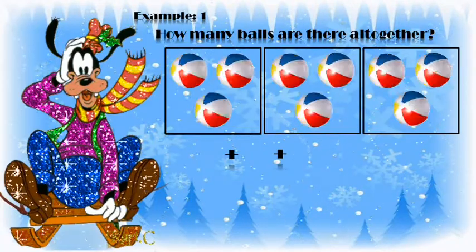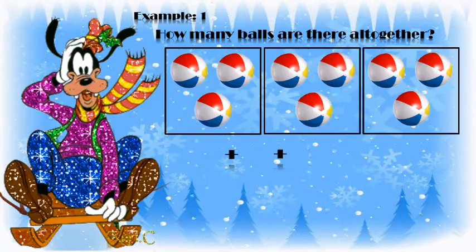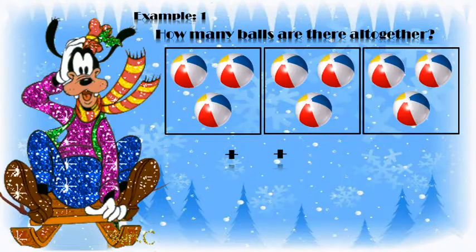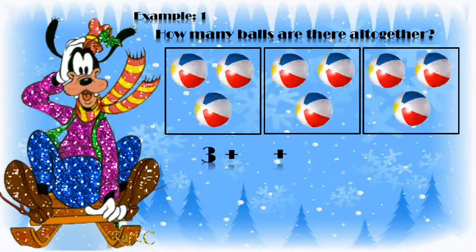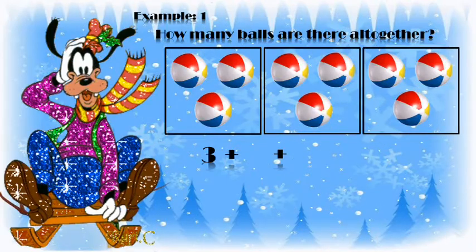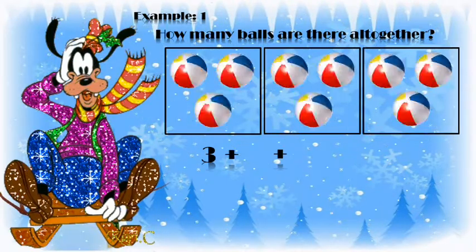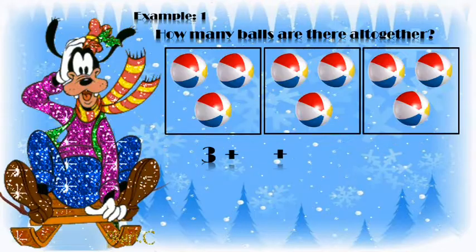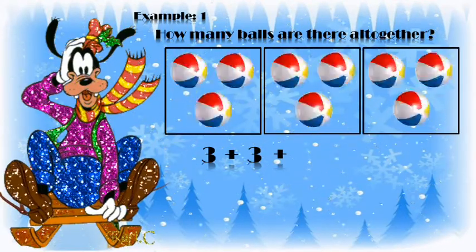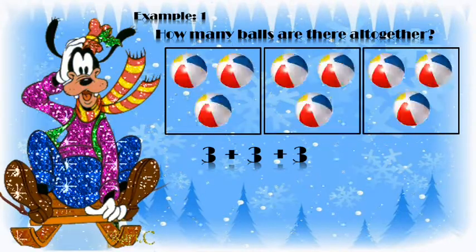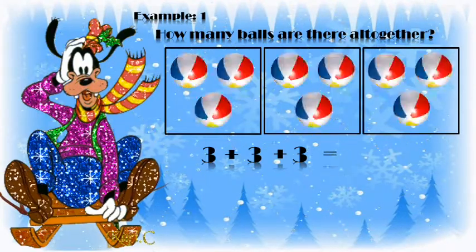So at first, let's do addition. How many objects are there in each box? Very good. There are 3 objects in each box. So 3 plus 3 plus 3 equals 9.